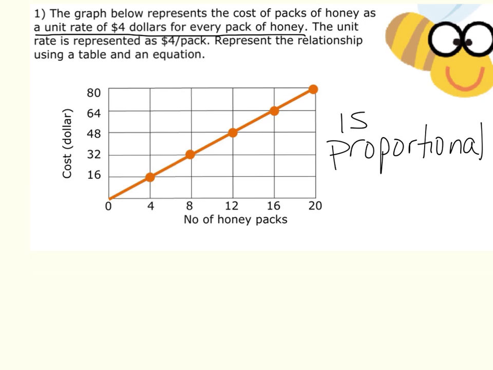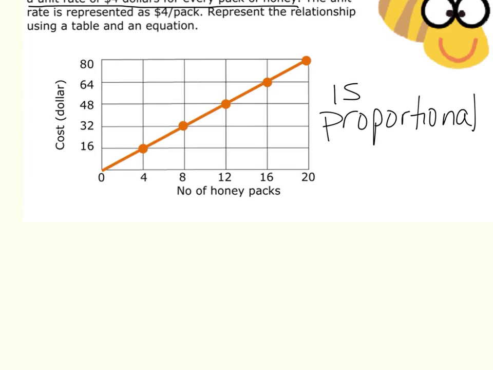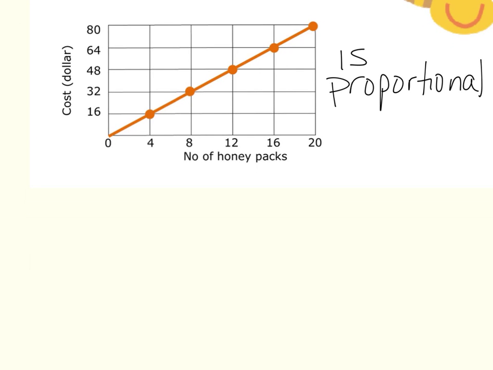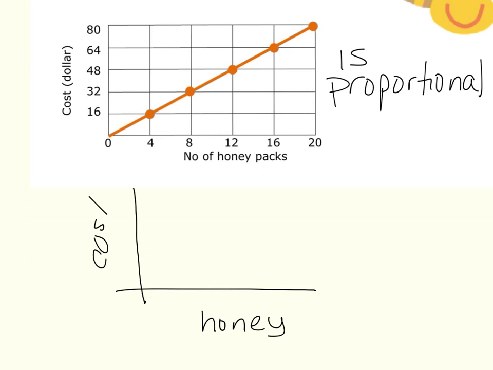So I want you to draw a sketch. If this were me, I would draw a Y and an X. I would label this honey and this cost. And I would just sketch it just like that, nothing crazy, okay?